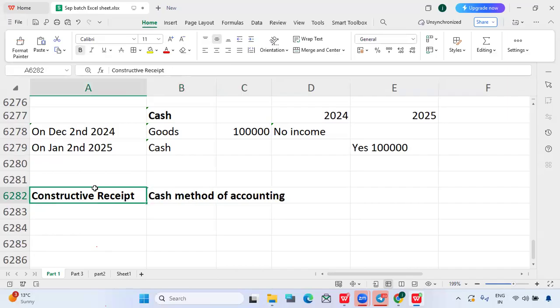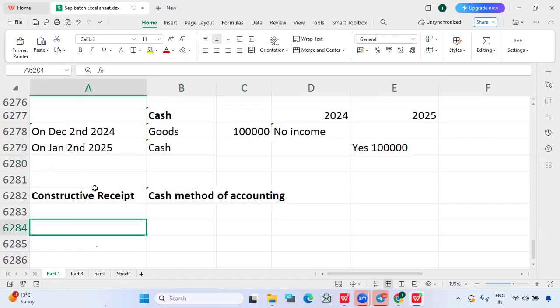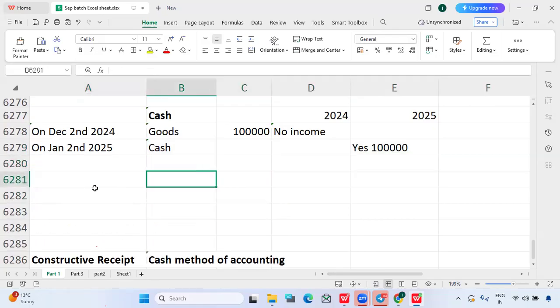So in cash basis, we will see whether we have received cash or not. If we receive cash, then only we will recognize it as income. The problem here is, in some cases, the taxpayer, let's say here January 2nd, 2025. I will add one more point here.